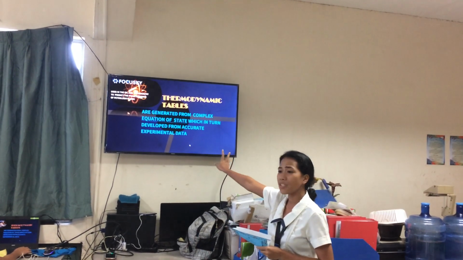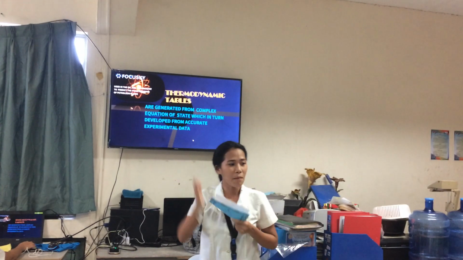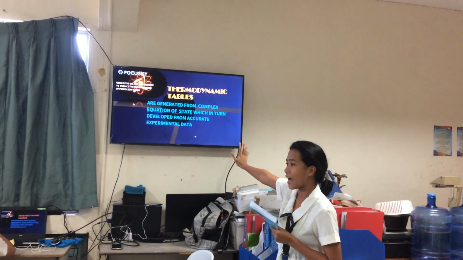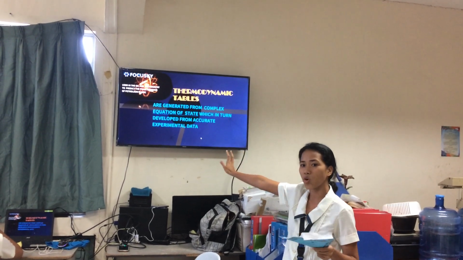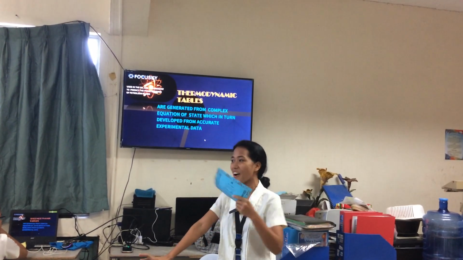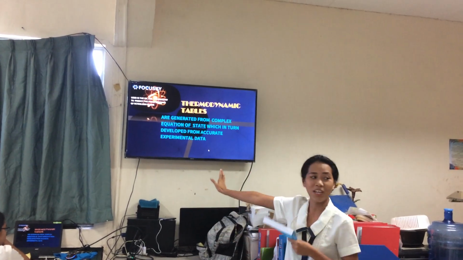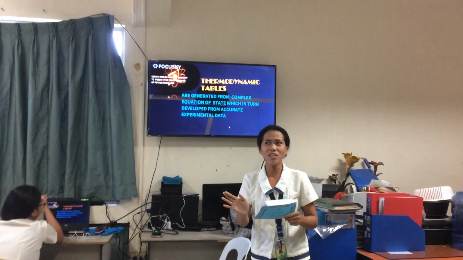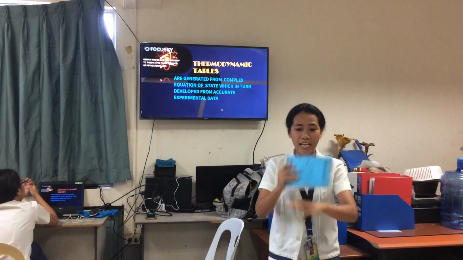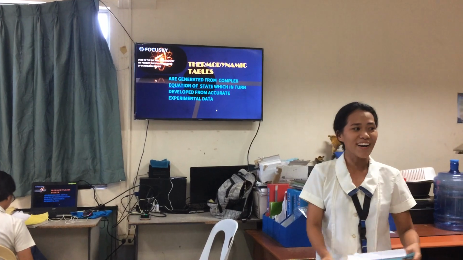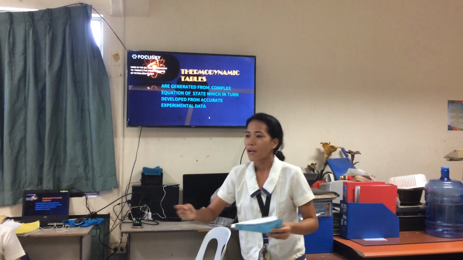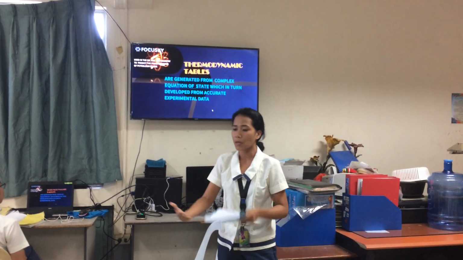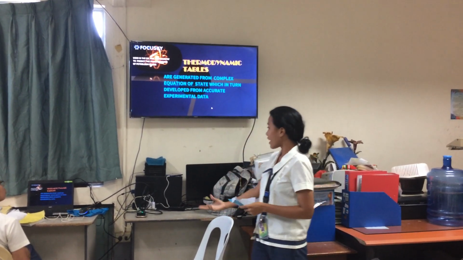When engineers solve problems, the tables are their basis. It is standard and should not be questioned, because it is the most accurate based on experimental data. It has been gathered and examined by experts through experiments.